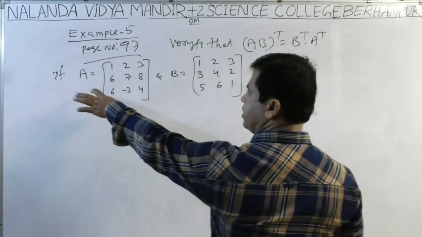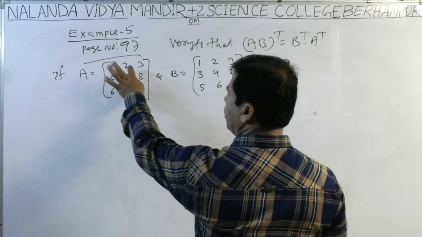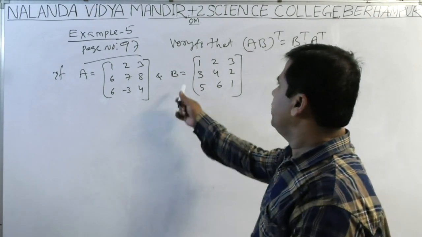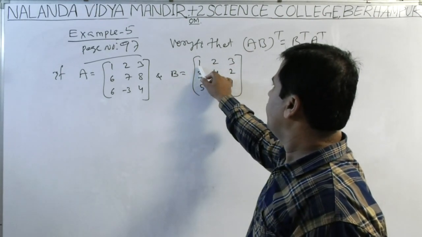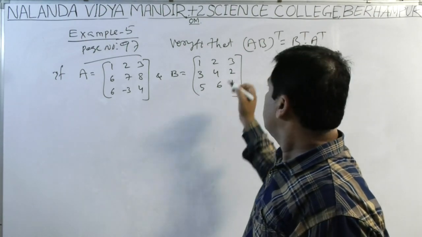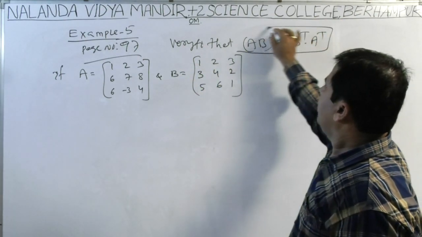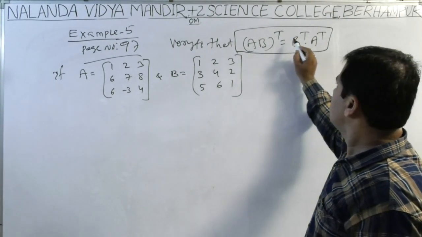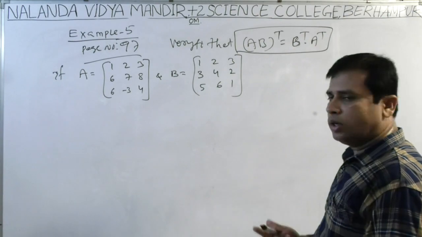Given A is the matrix 1, 2, 3, 6, 7, 8, 6, minus 3, 4, and B is the matrix with first row 1, 2, 3, second row 3, 4, 2, and third row 5, 6, 1. Then verify that the transpose of AB is equal to B transpose into A transpose.